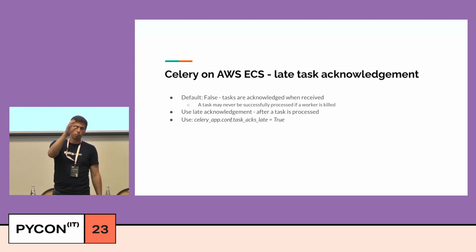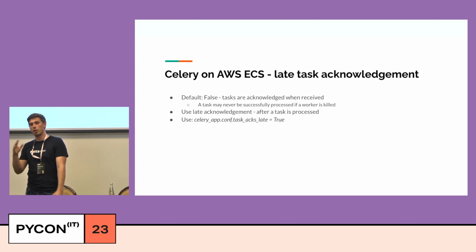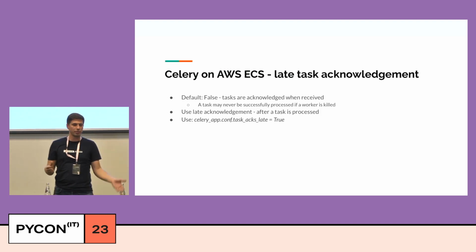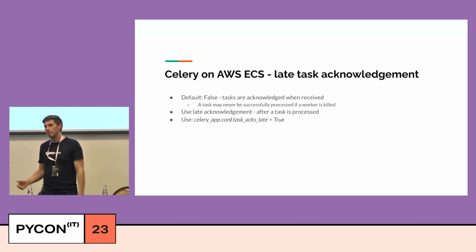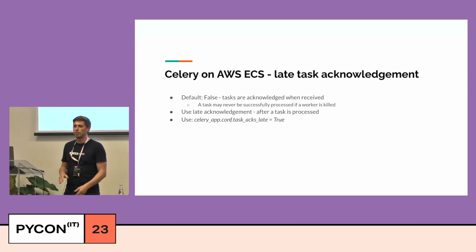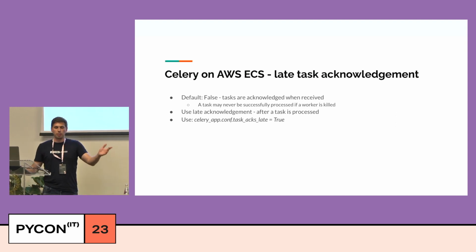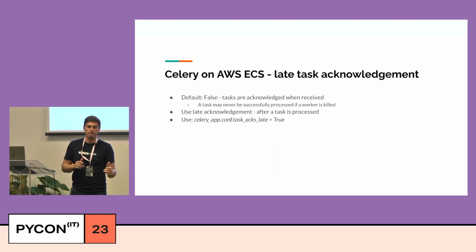In other words, the worker picks up a message from the message broker, and at this point the task is acknowledged. If there is any exception during processing that task, or the worker is ungracefully killed, or there is a nuclear explosion, or whatever, this task is considered successful, and no one cares about it. So first thing to do, set late task acknowledgement to true, so that tasks are acknowledged only after they are successfully processed. Okay?